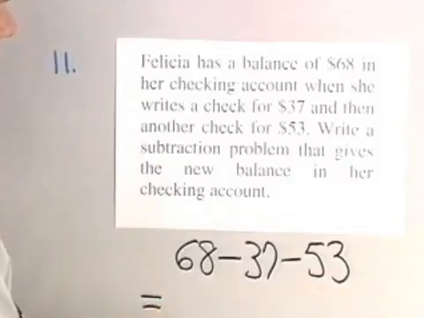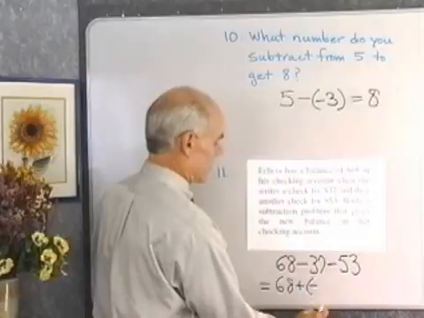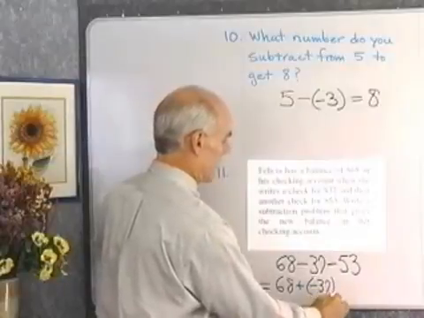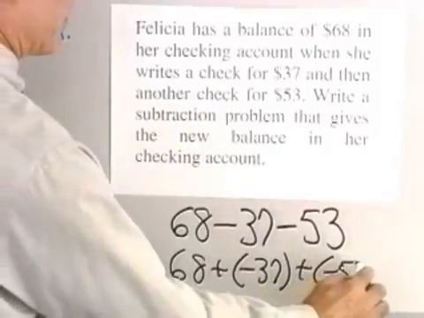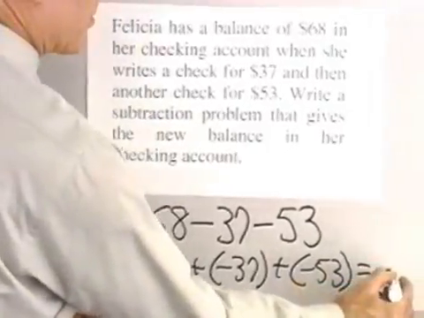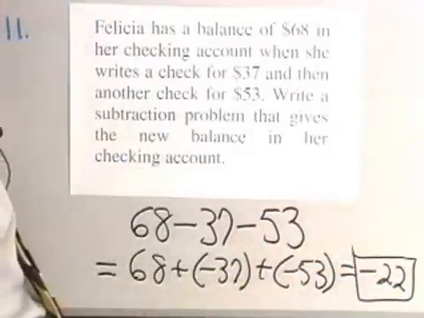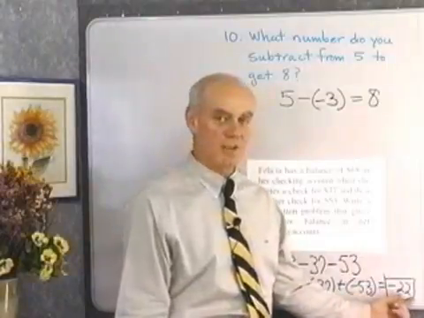Now, if I'm working this problem in terms of addition, that's 68 plus negative 37 plus negative 53. Now, if I work this problem out, this is going to come out to be negative $22. So the balance in her checking account comes out to be negative $22.